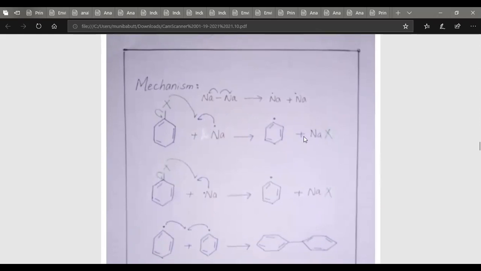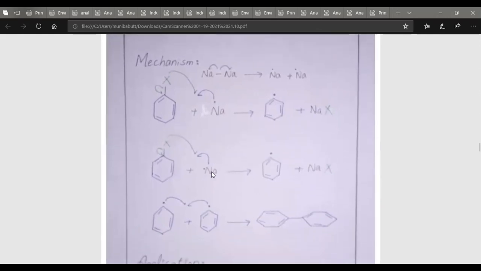They form a sodium halide, and this product is formed. We take again an aryl halide and a sodium radical, so the same products are formed. In this way, when these two radicals combine, they form a biphenyl or diphenyl.